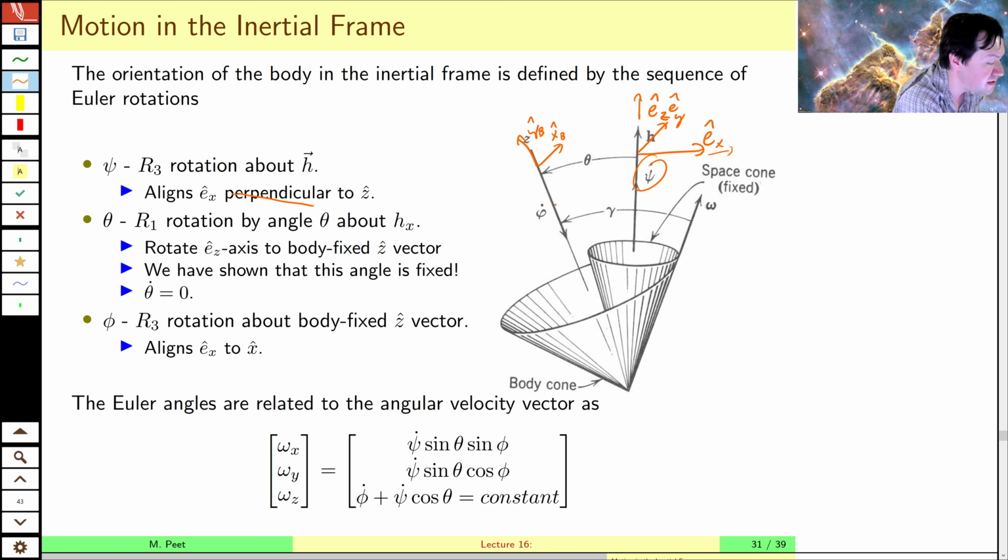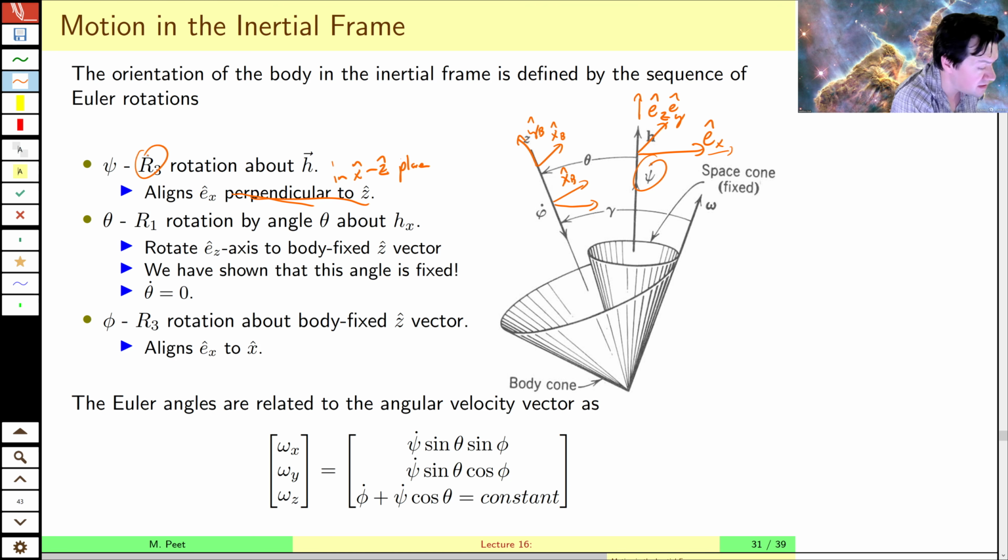It puts the E hat x coordinate in the x hat z hat plane. So that's the first Euler rotation. That's about the z-axis, so that's a 3 rotation. The next is a 1 rotation.